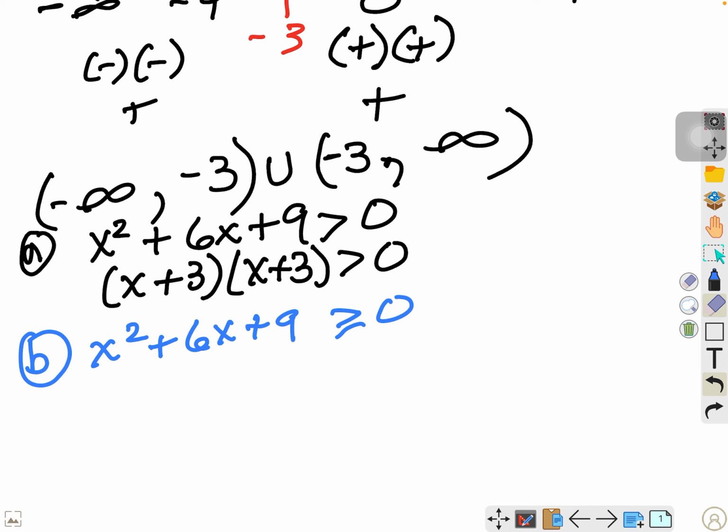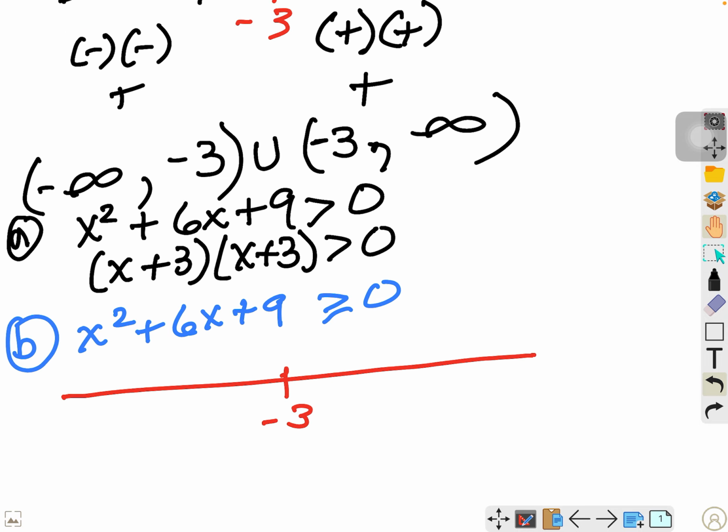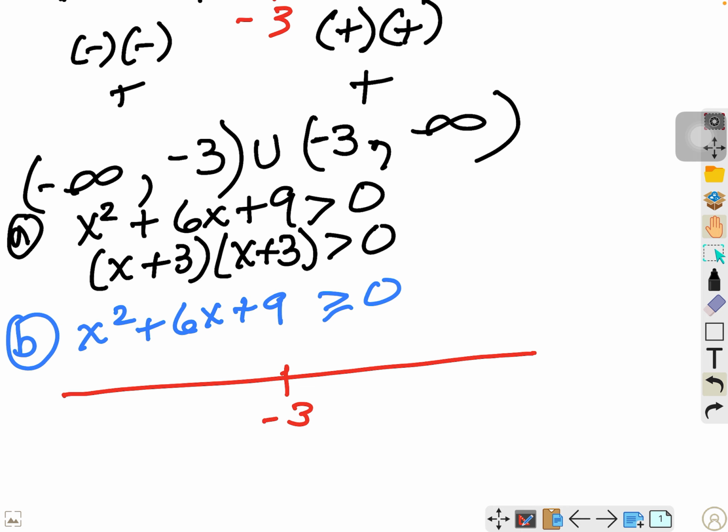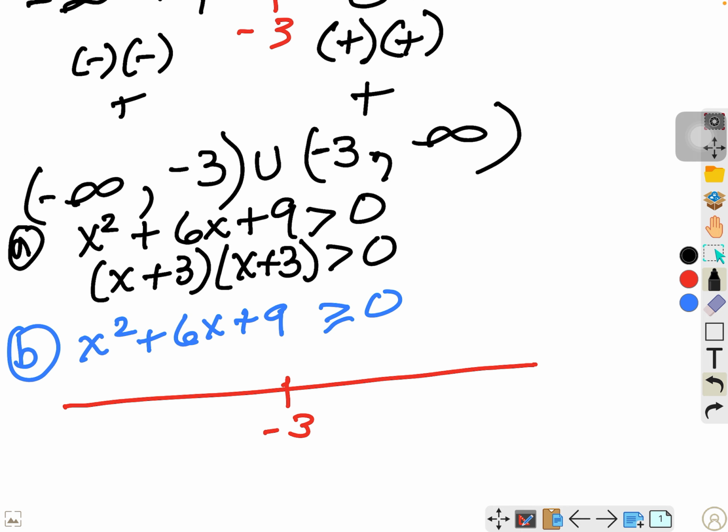It's factored the same way. We get our same critical values. And we have the same interval, positive and negative. Actually, both of these were positive when we plugged in our numbers. That's not going to change.